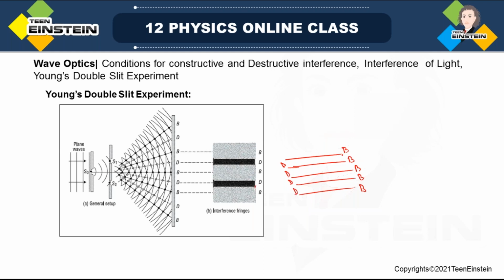The width between two consecutive bright fringes, these are called fringes. The separation between two bright or two dark fringes will give you the lateral width of the fringes, which is denoted by beta.